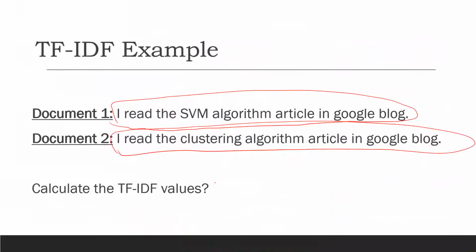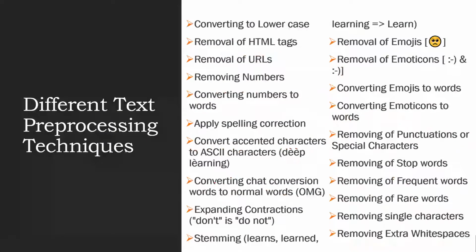I already told you, the first step is you need to clean the data, or pre-process the data. Am I correct? So let's look at some examples of the pre-processing steps one by one. First, you need to convert the paragraph into lowercase.